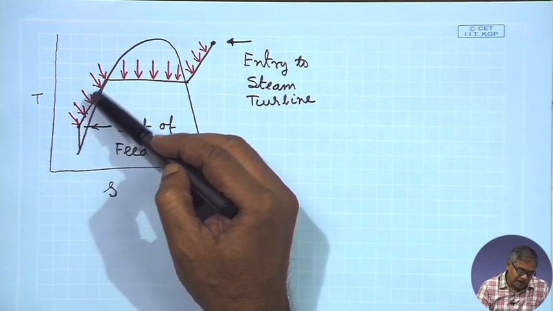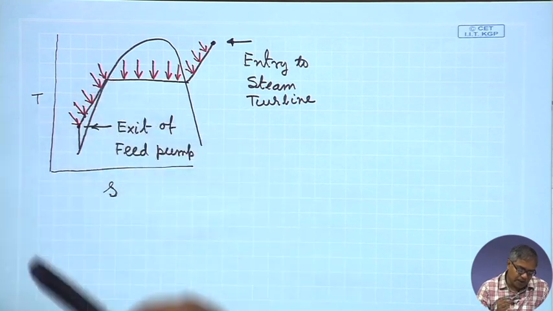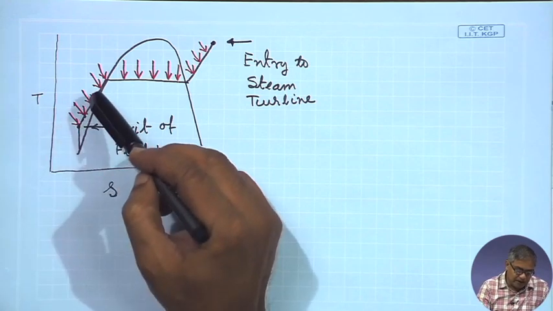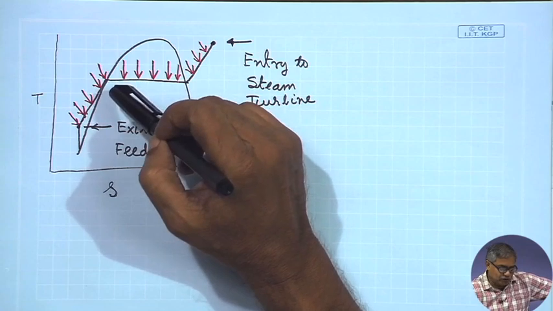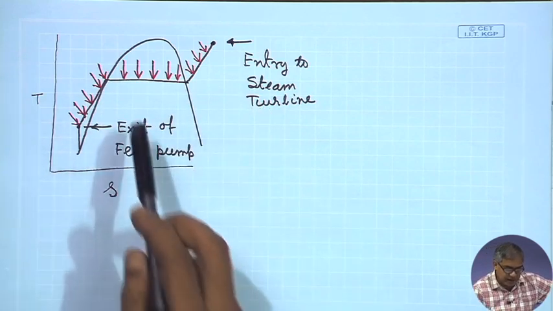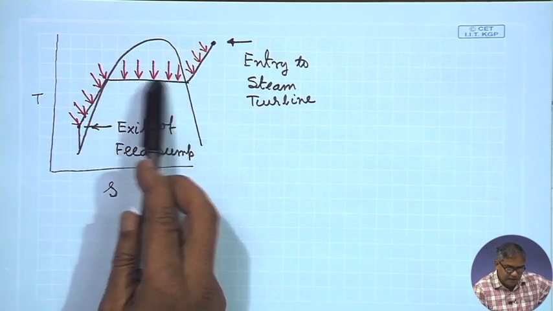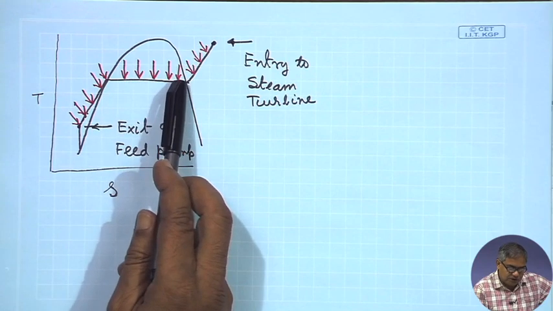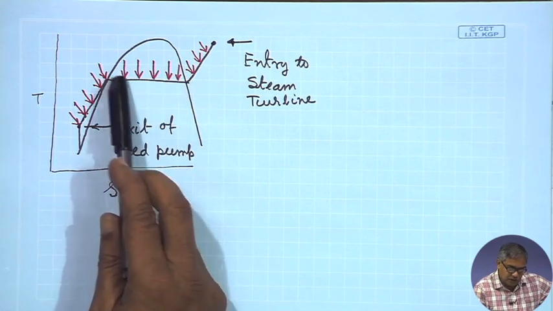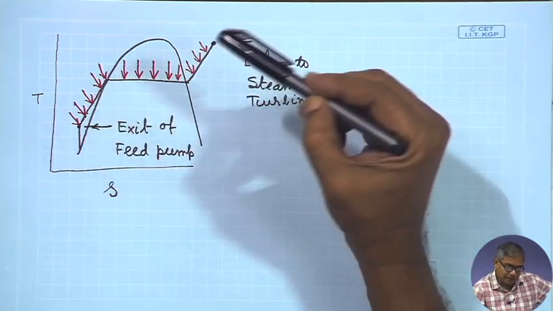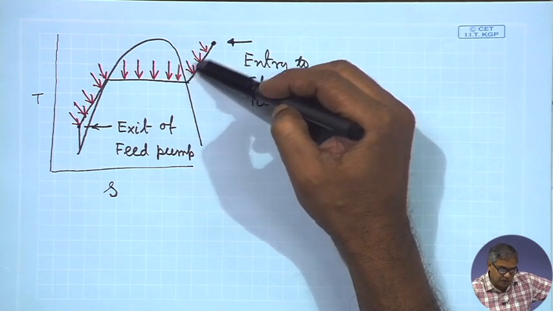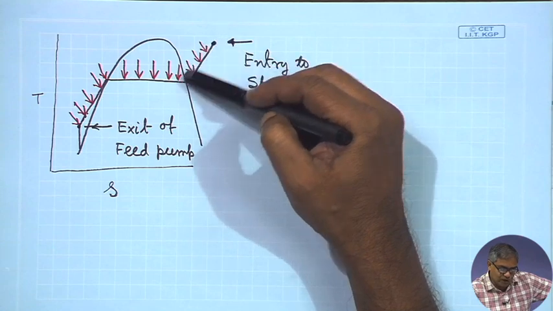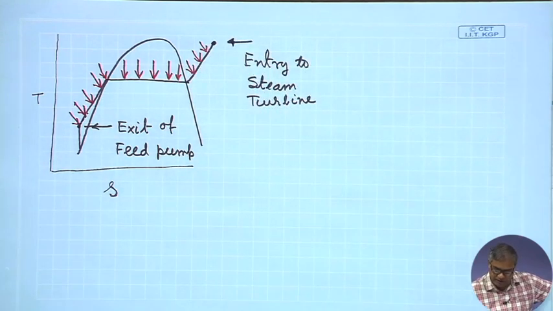This takes place in a part of the boiler known as the economizer. Then there is evaporation, which is of course the main part of the boiler. After that, once we have saturated steam, it goes to the superheater, where its temperature is further increased.